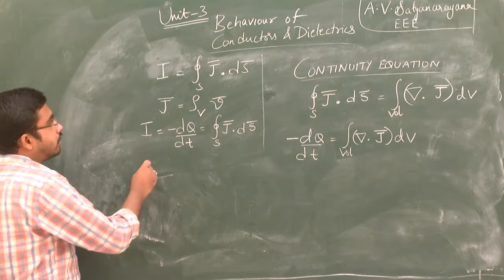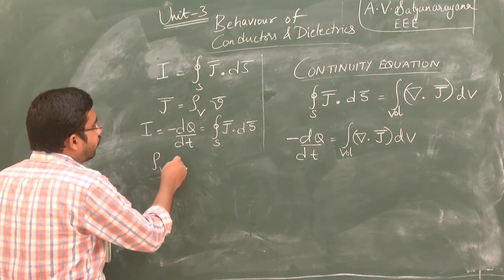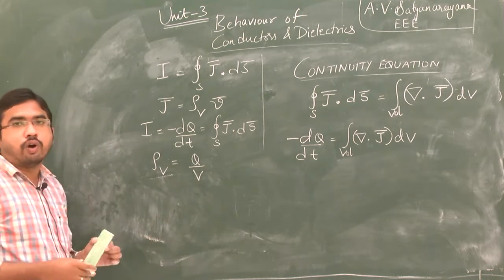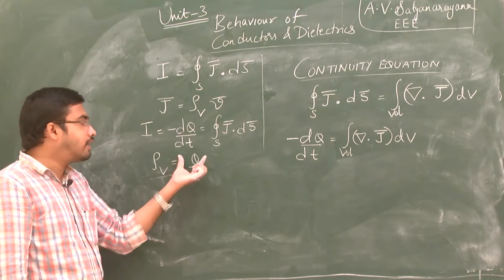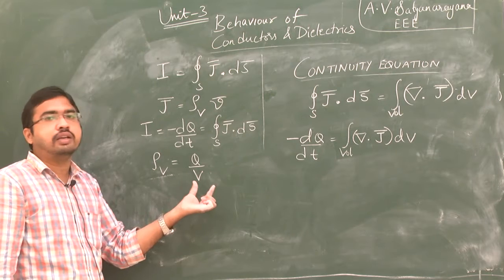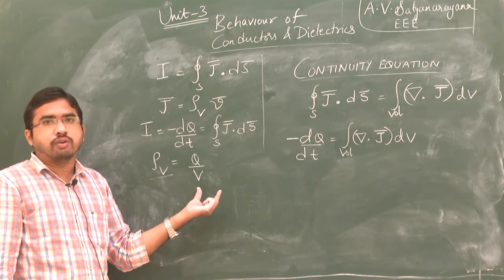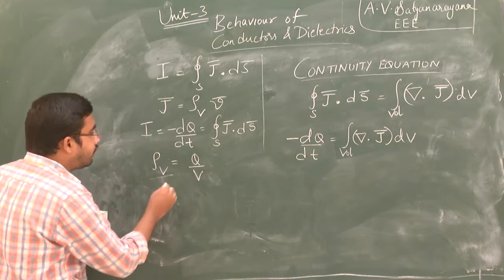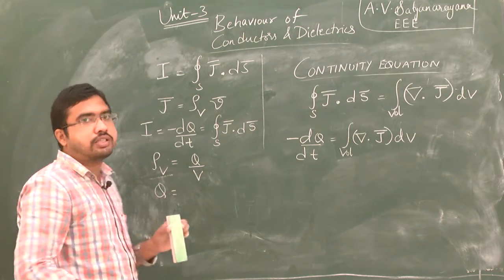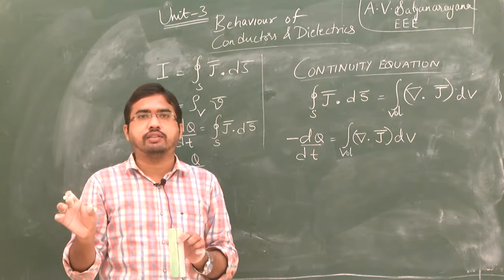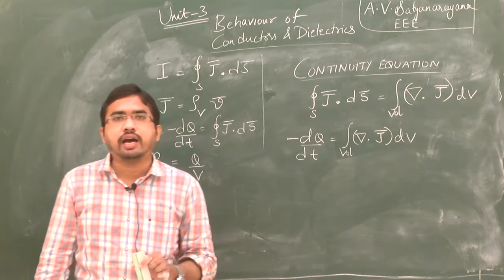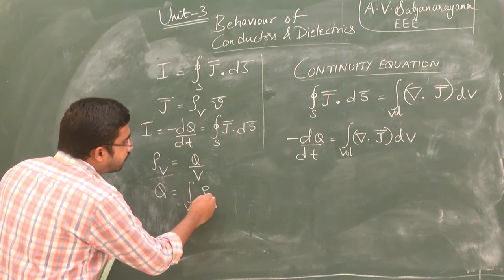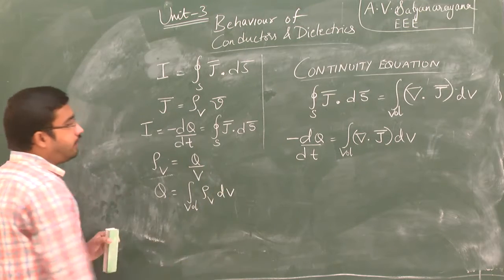We already know that rho v is equal to q by v. Volume charge density is equal to the charge present in that volume divided by the volume of that body. First we are considering only differential charges. Then if we want the entire charge, we can write q equal to the volume integral of rho v dv.